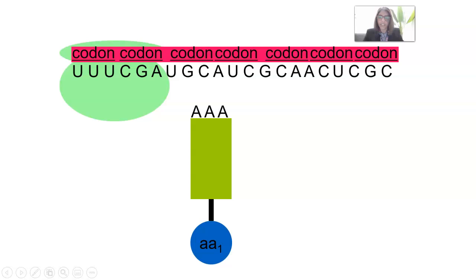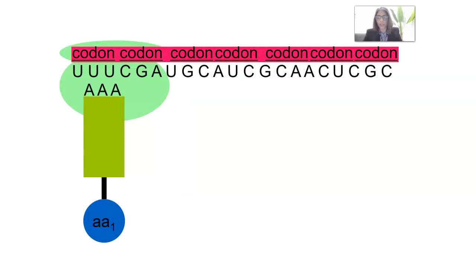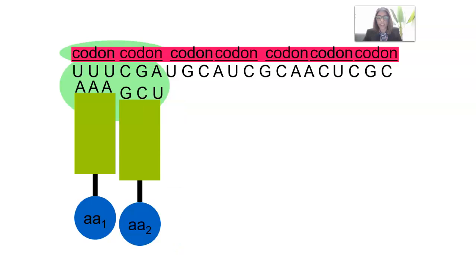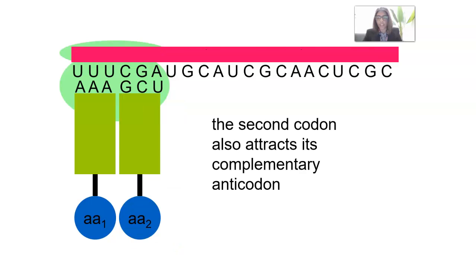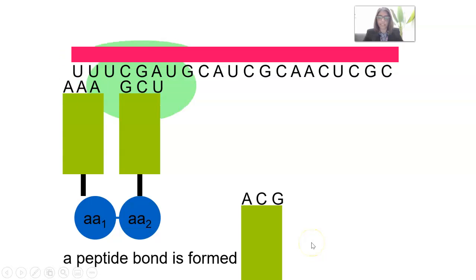The corresponding tRNA molecule will move into place and it will attach to the codon using its anticodon. And when the second one comes along, as we've mentioned, a polypeptide starts to grow and we get a peptide bond forming between adjacent amino acids.